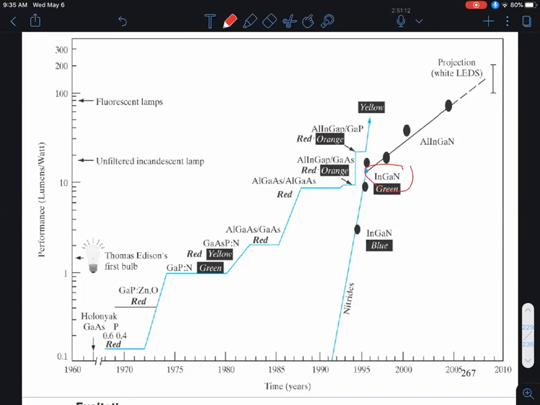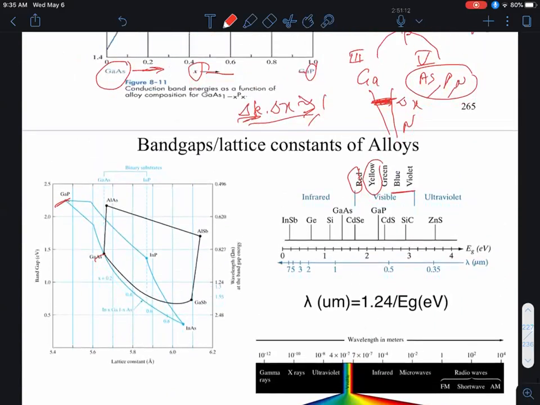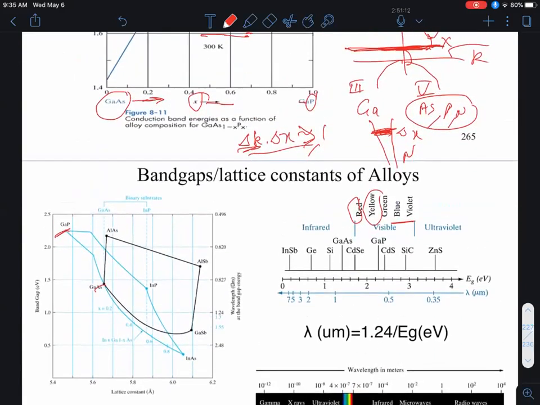And these have much larger band gaps. It's not shown on this figure, but they have band gaps in the 3 to 5 eV range over here. So by improving the material quality, you're now able to make blue and violet and even ultraviolet.